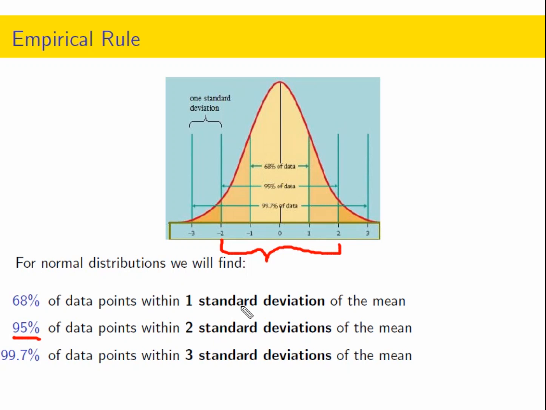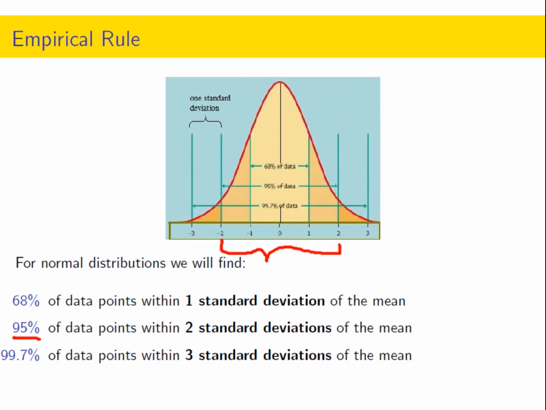If you think about it, if you have a sample of 20 objects, you're going to expect about one of them to be further away from the mean. So this is not an appropriate way to check for outliers in a large data set of 100 or 200 or 1,000 data points, but in small samples, say 50 or less, it's reasonable to check to see if data points are more than two standard deviations away from the mean and call those outliers.